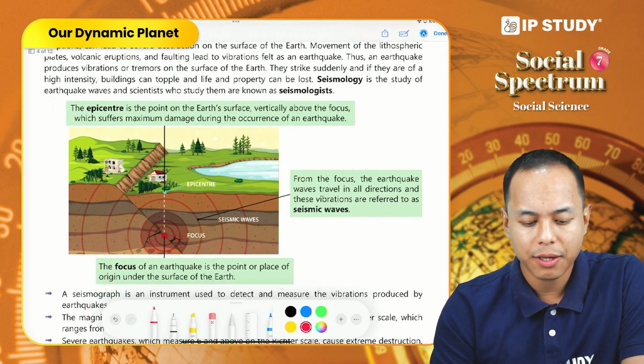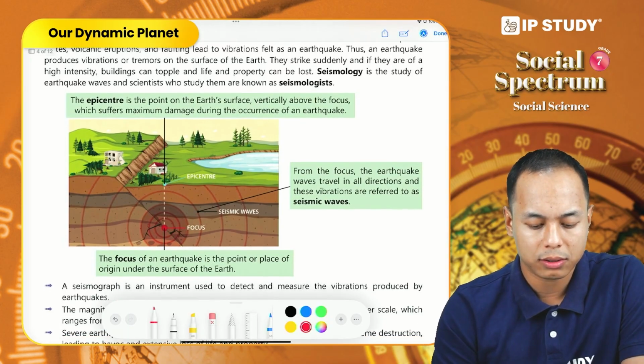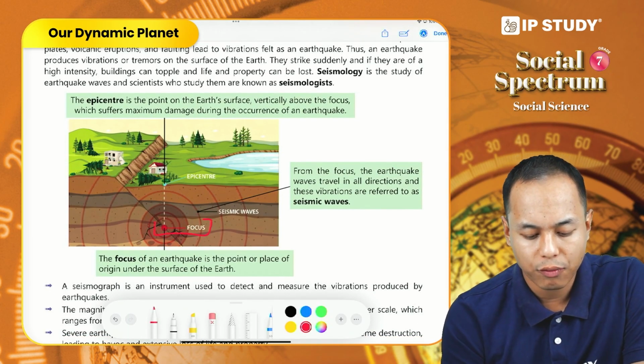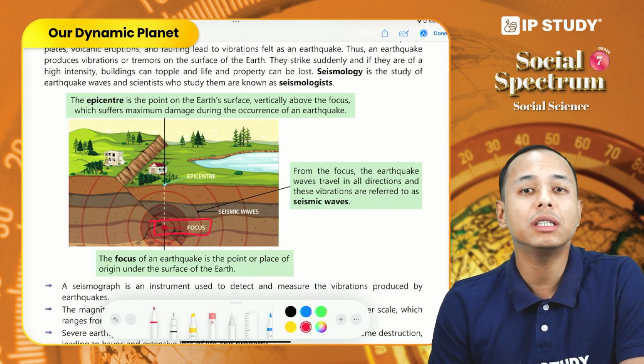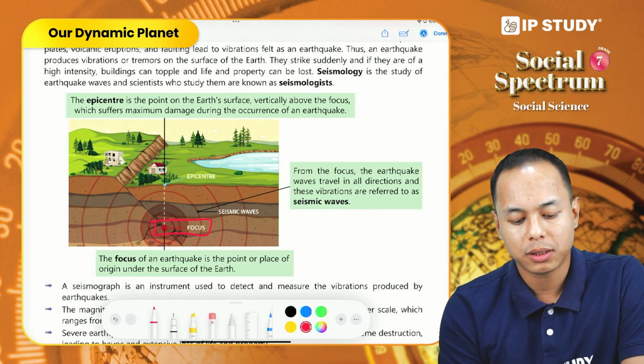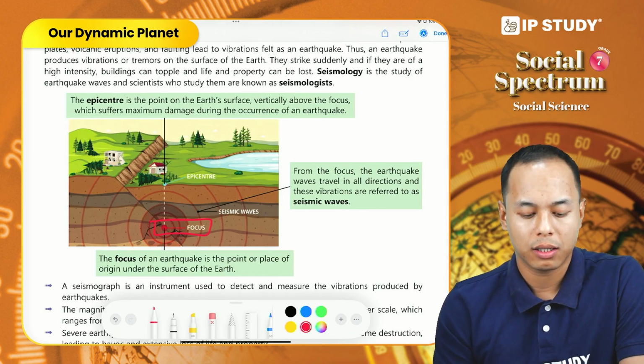So if you can see here the diagram of the earthquake, right? What is this? This is the focus. It is the point of origin of the earthquake. From here, because of sudden disturbance, the earthquake originates.